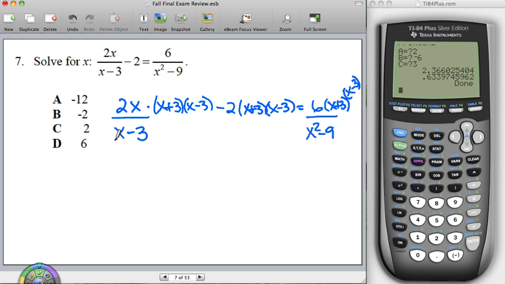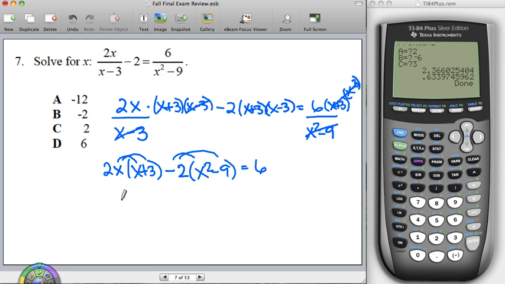So over here, my x minus 3's cancel, and I'm left with 2x times x plus 3. Over here, nothing cancels, so I'm left with minus 2 times x squared minus 9. I'm going to go ahead and multiply that out. And then over here, everything cancels, so I'm left with equals 6.